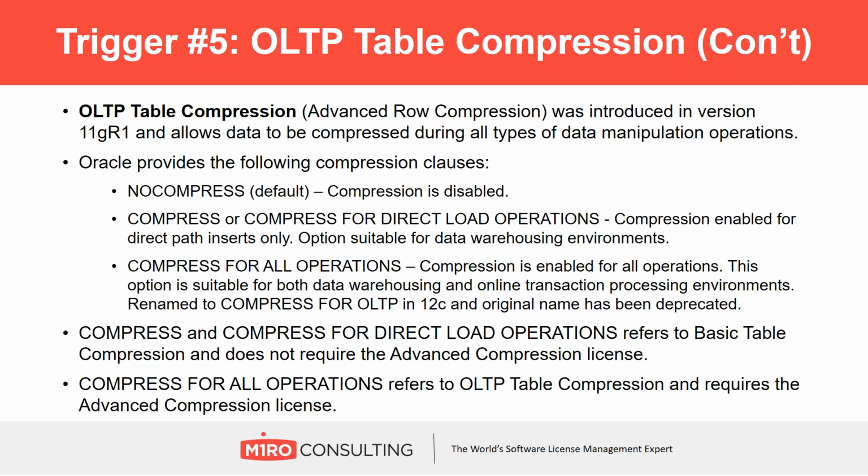Just as a recap, if you use COMPRESS and COMPRESS FOR DIRECT_LOAD OPERATIONS, that really refers to basic table compression, and that does not require an advanced license. If you use COMPRESS FOR ALL OPERATIONS, that refers to the OLTP table compression, and that does require the license. So you want to be aware of what option you use.